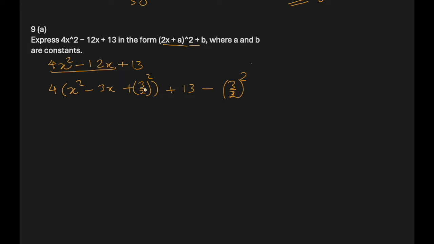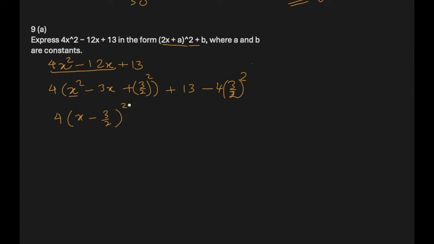Okay, but mind it, if I added this here, it got multiplied with 4 also, so I have to write minus 4 times 3 over 2 whole square. And now it will be a perfect square, a square minus 2ab plus b square. So x, we take the sign of the middle one, and 3 over 2 square.